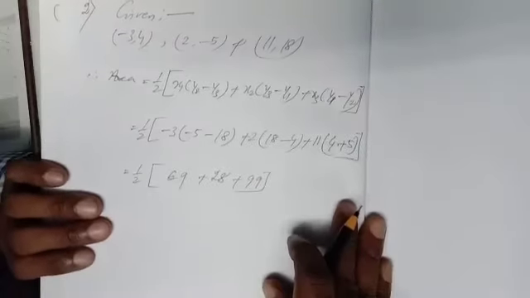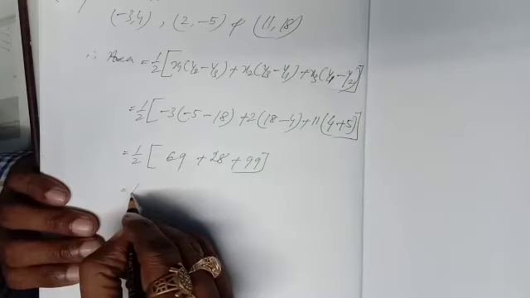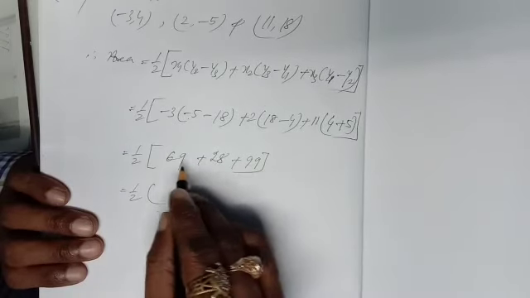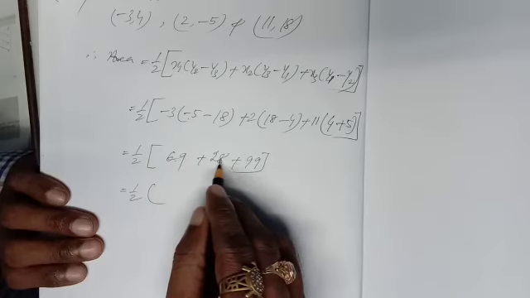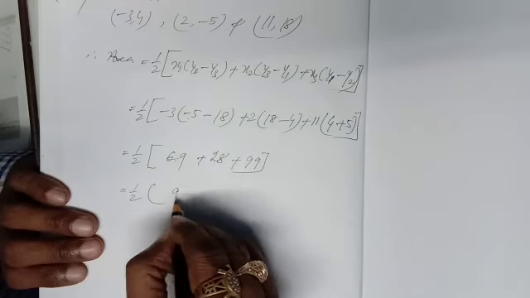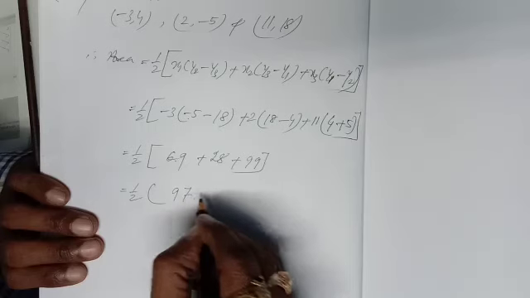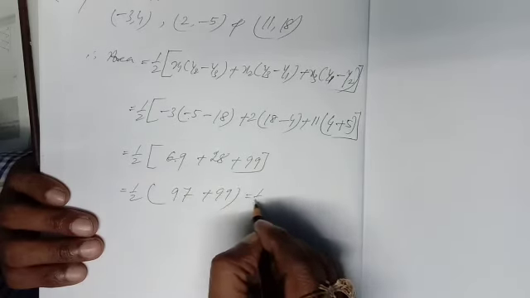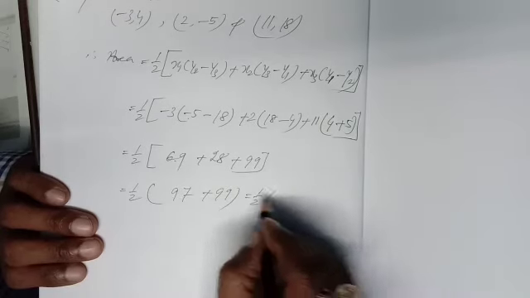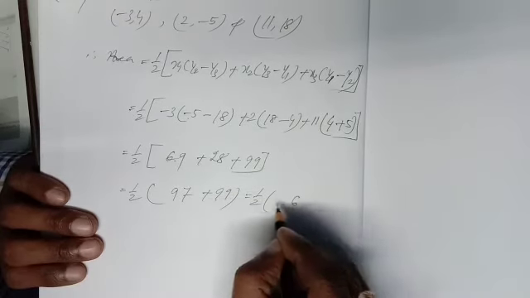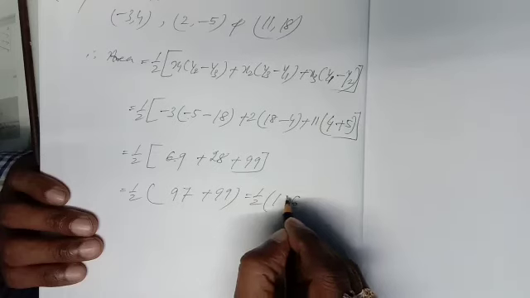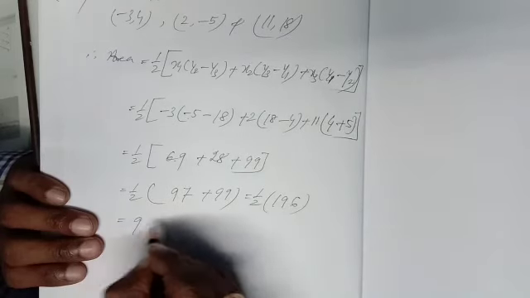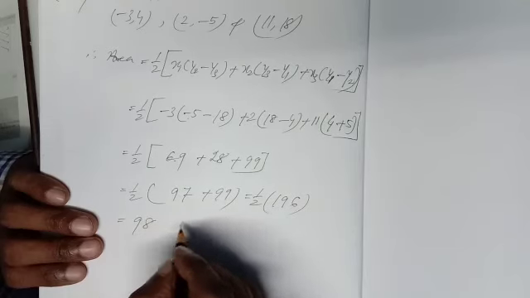All the 3 numbers you add, how much are you getting? 1 by 2 of 69 plus 28, it is coming 97. 97 plus 99, just add, how much are you getting? 1 by 2 of 196. 196 by 2 will be 98.